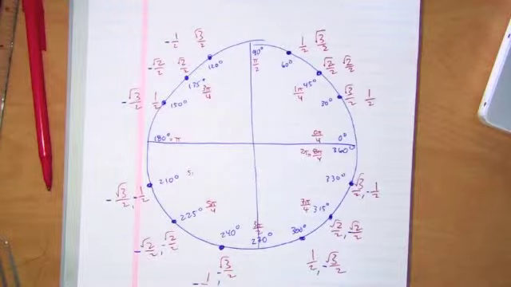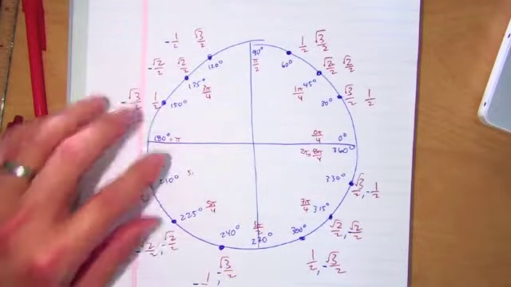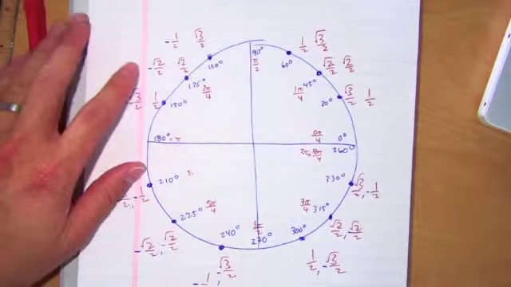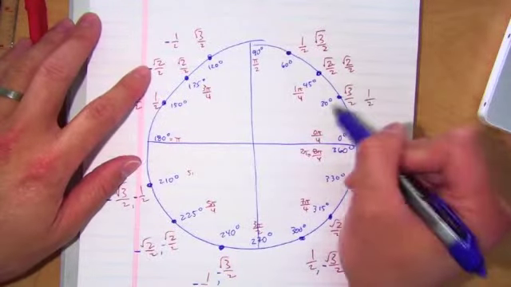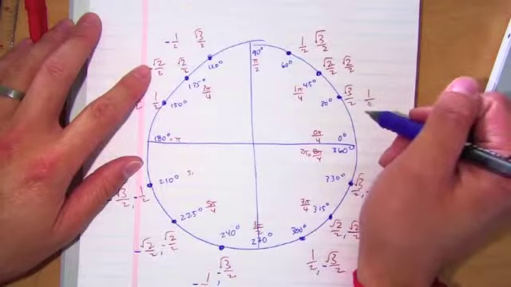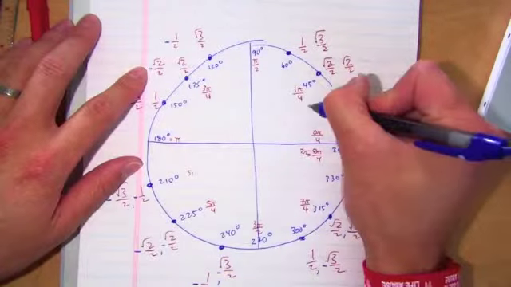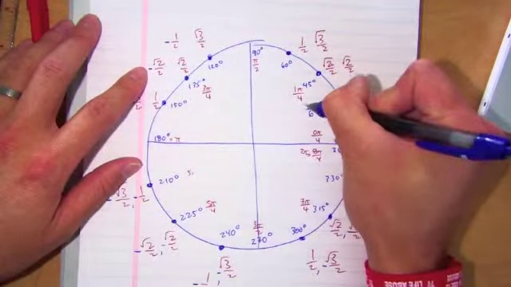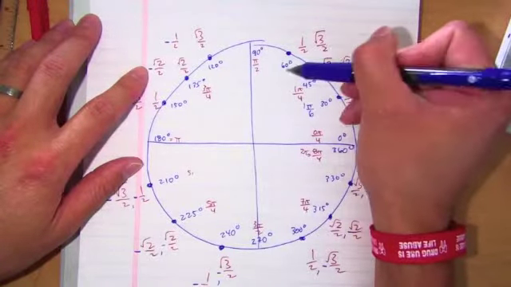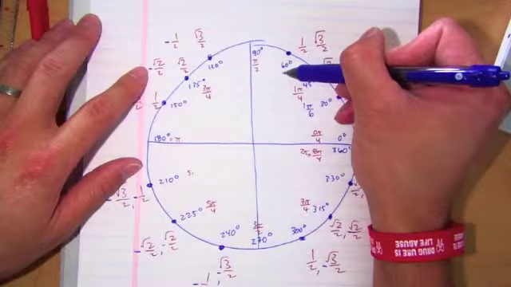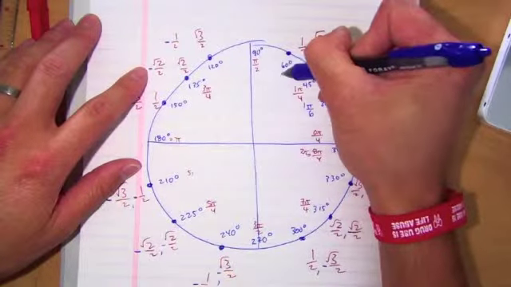Now I'm going to go around and do the 30-degree angles in radians. So in 30 degrees, you're going to start with a denominator of 6. So this will be 1 pi over 6. This up here, you just count 2 pi over 6, and 2 pi over 6 is reduced to pi over 3.